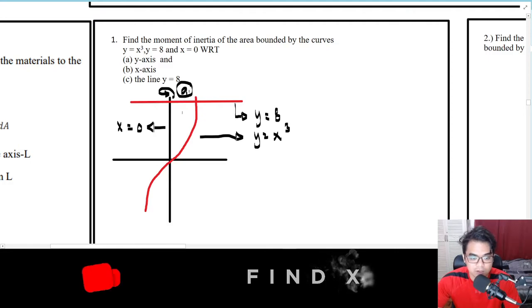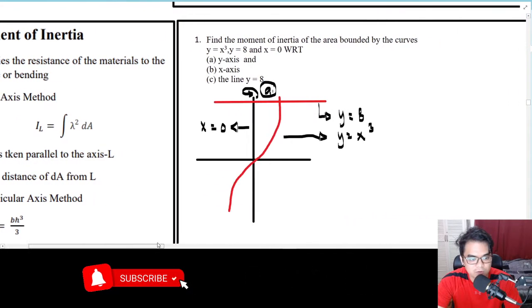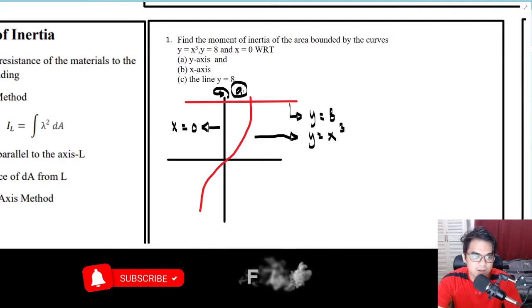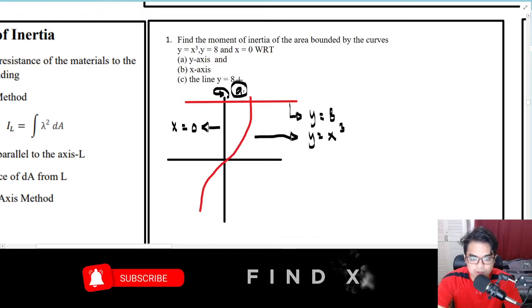If we will use the parallel axis method, we have to take the dA parallel to the axis of revolution, which is at y.